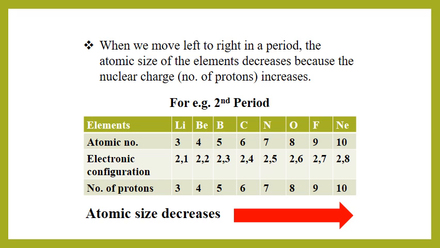Atomic number is equal to the number of protons. We have already studied this in class 9. Atomic size decreases because nuclear charge increases.